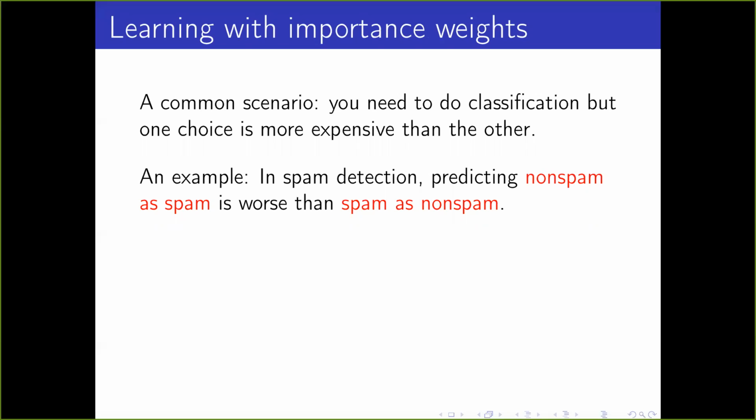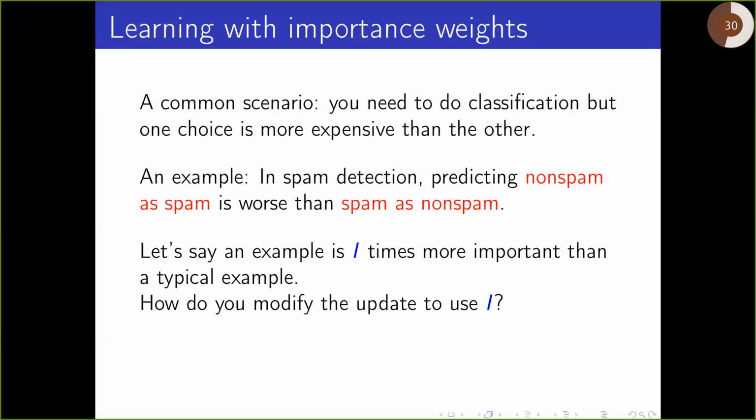I think this is about how you pose the problem, and often posing the problem is the most important part of things, since it's not so trivial to do. Okay, so now the question is, how do you modify the update rule to deal with an importance weight I?